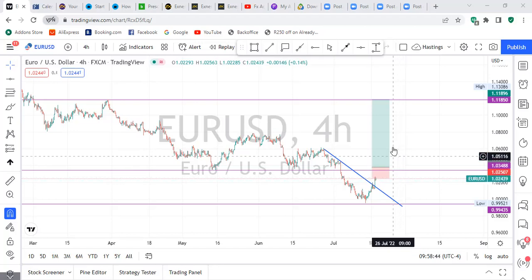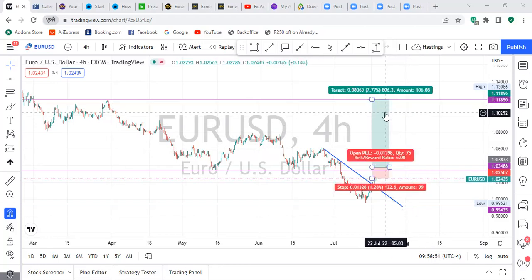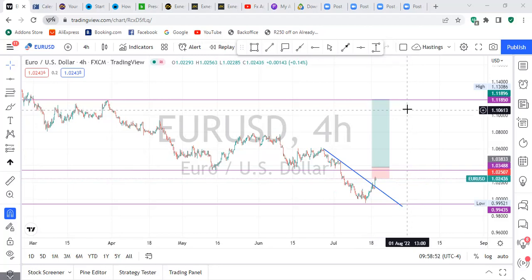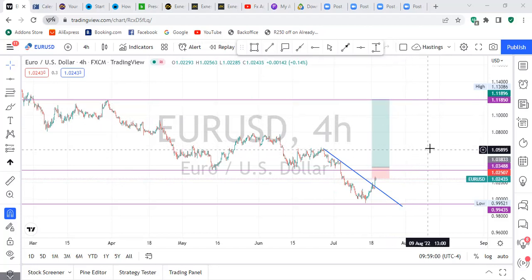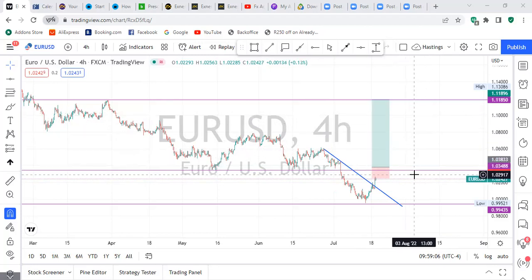You must not be greedy. If the price comes here, take your profit here. Because what is the price going to do? Once the price gets here, it will come back again to test all these areas. It will come back to test here or here. If it comes back, you are now losing that 300 rand that was already here.